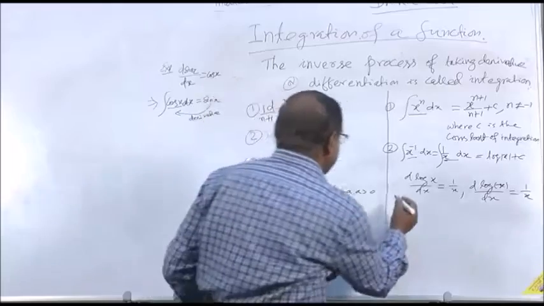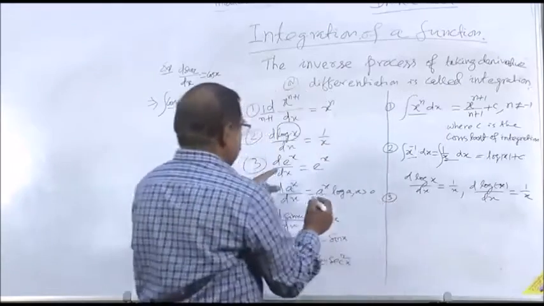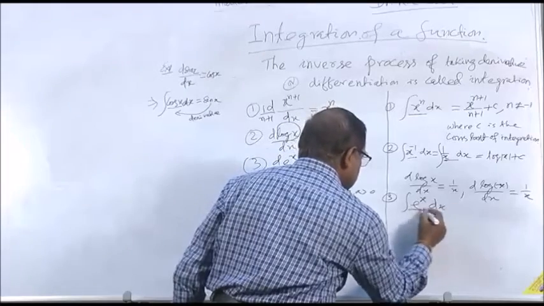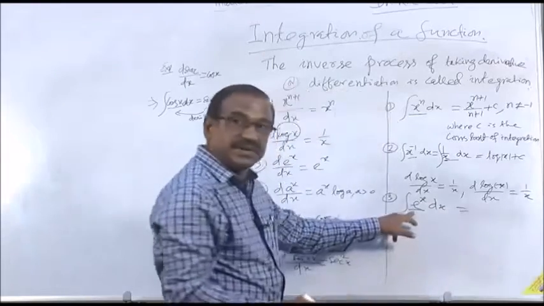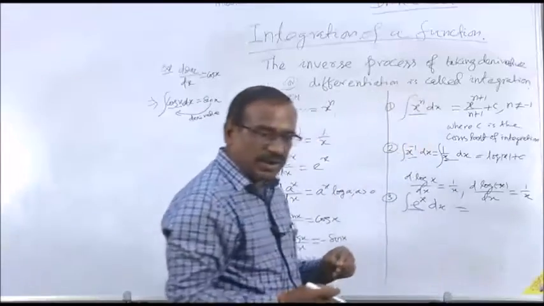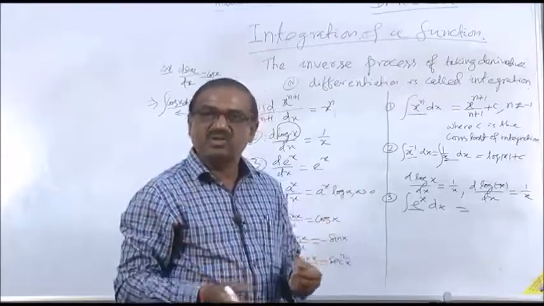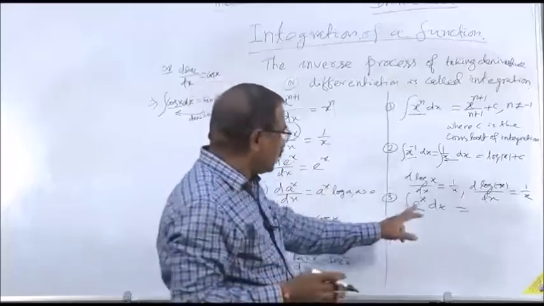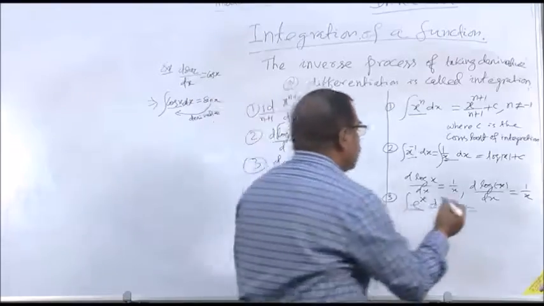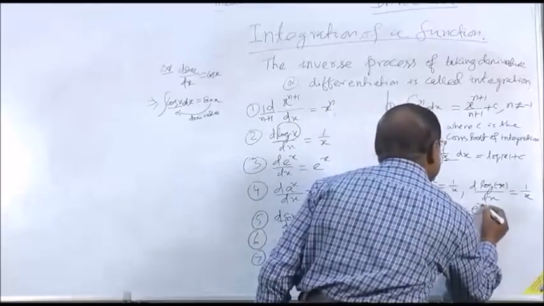Then let us verify these formulas. You see, integration e to the power x dx. Question is, whose derivative is this? This is e to the power x, because somebody will ask you to give an example of a function whose derivative is itself. So this is the only function, e to the power x, whose derivative is itself. Similarly, integration will be e to the power x plus c.